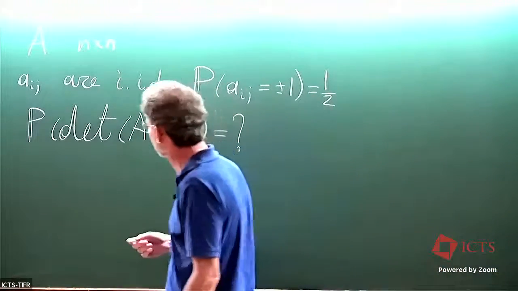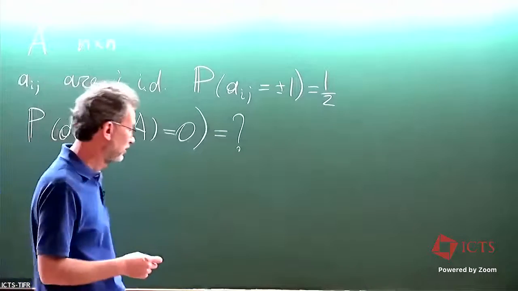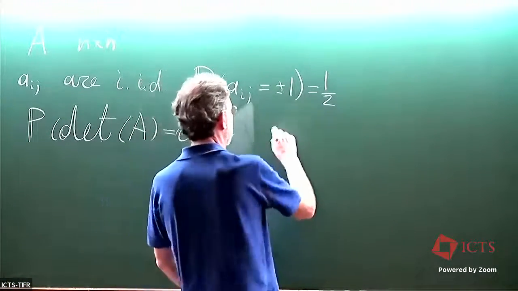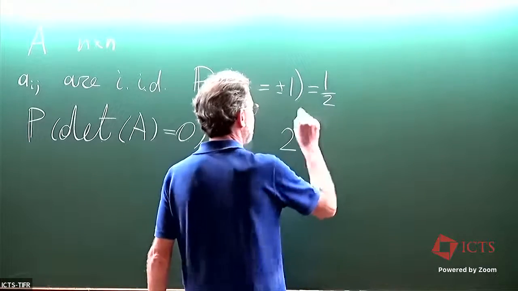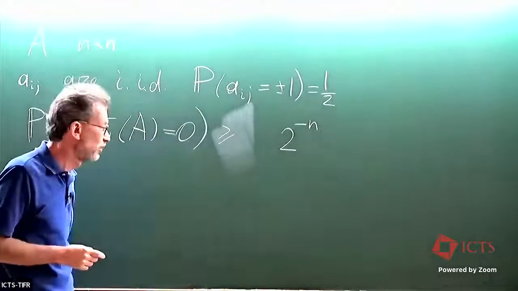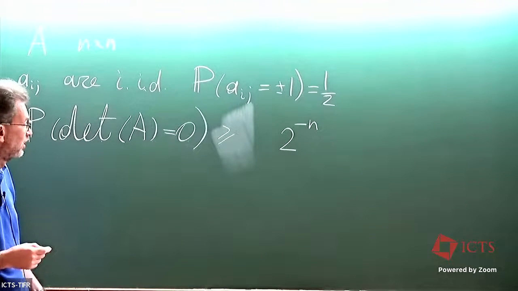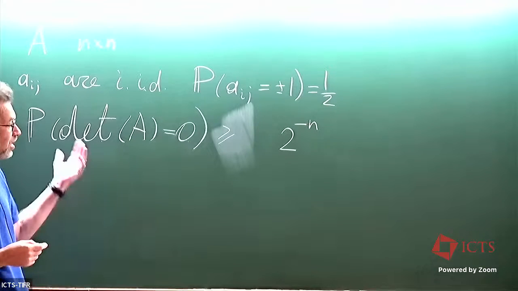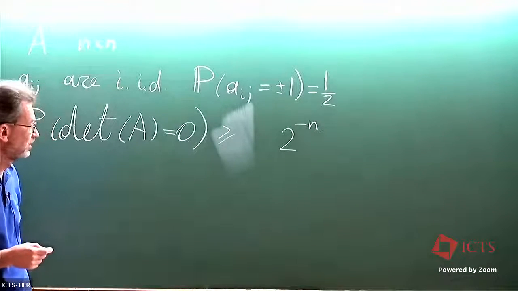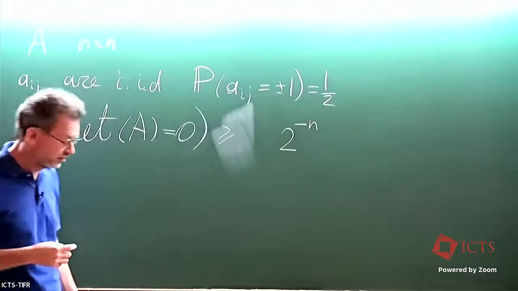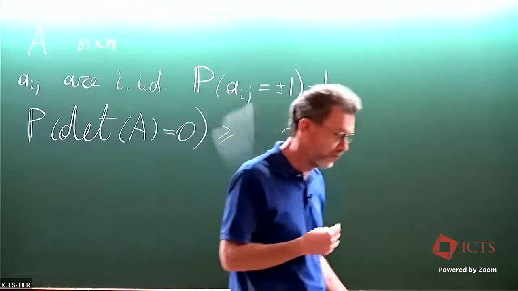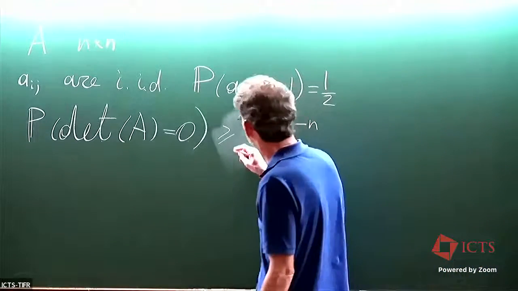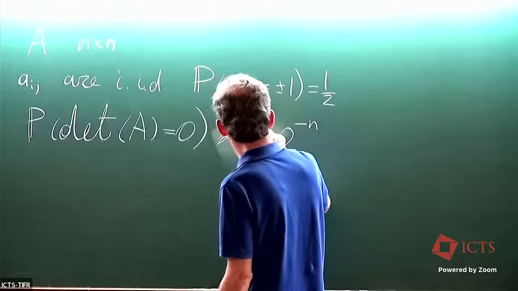What we can say is that this probability is greater or equal than 2 to the negative n, because this is the probability that we have two identical rows, but actually we can do a little better than that. We can have also two identical columns, and we can choose the pair of these rows and columns. So this is about n squared.